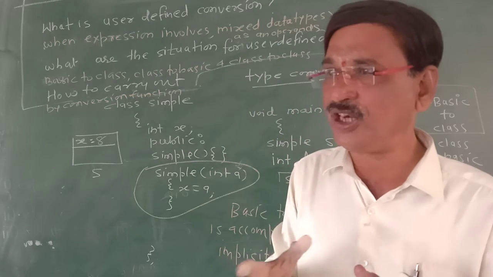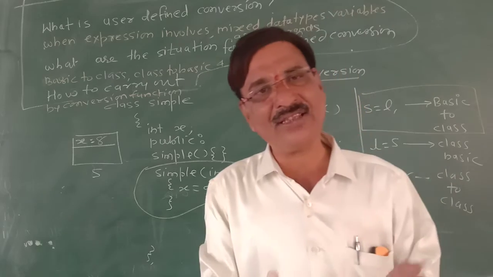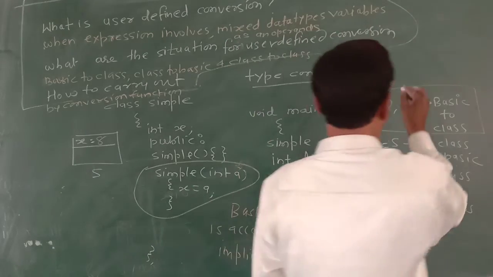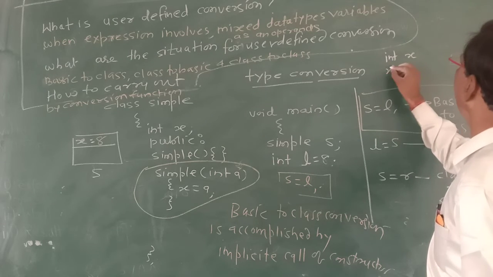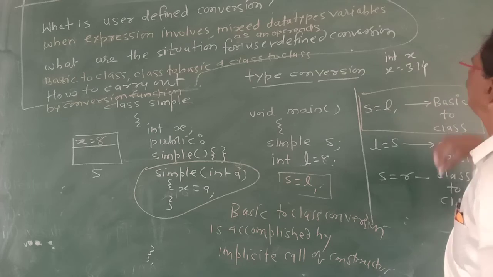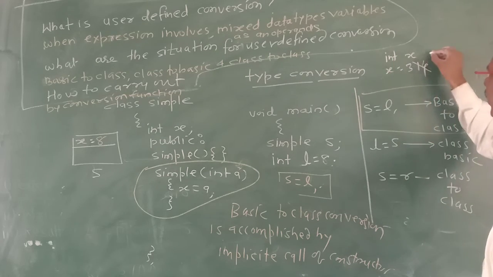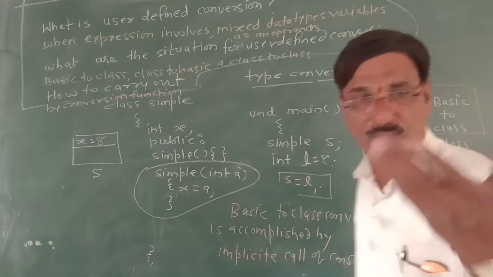But when an expression involves mixed data types and as long as they are basic, the assignment operator handles it. For example, int x and x = 3.14. Here there is no need to carry out user-defined conversion; the assignment operator itself truncates the fractional part and simply gives the value 3 to x.